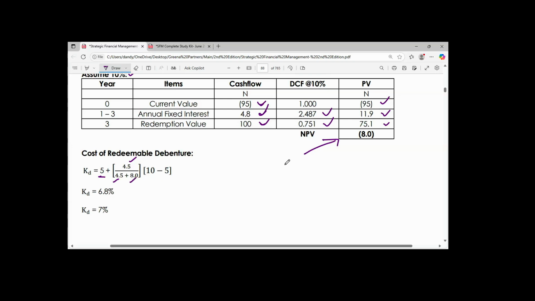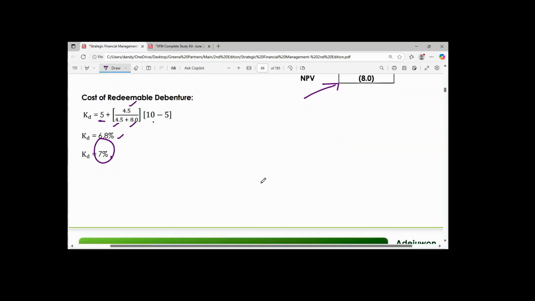So 4.5 plus 8 gives us 12.8. 4.5 divided by 12.8 multiplied by the difference between 10 and 5, then plus 5, gives us 6.8. Rounding, that gives us 7%. Therefore, the cost of redeemable debenture for Emery PLC is approximately 7%.